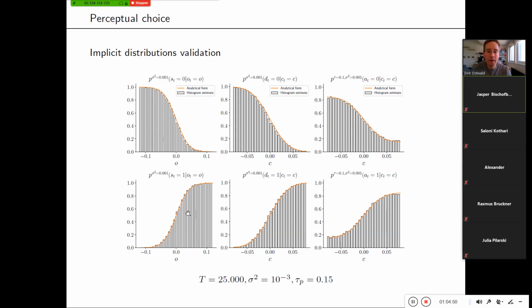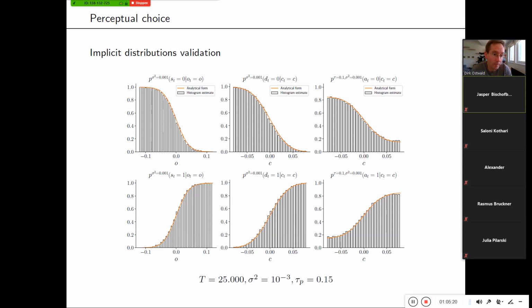There are other implicit distributions that are mainly interesting from the question of model fit. What is mostly important for modeling the data is the probability of actions given contrast values, because we know the contrast values, that's our experimental manipulation, and we want to later evaluate the log likelihood of an action.